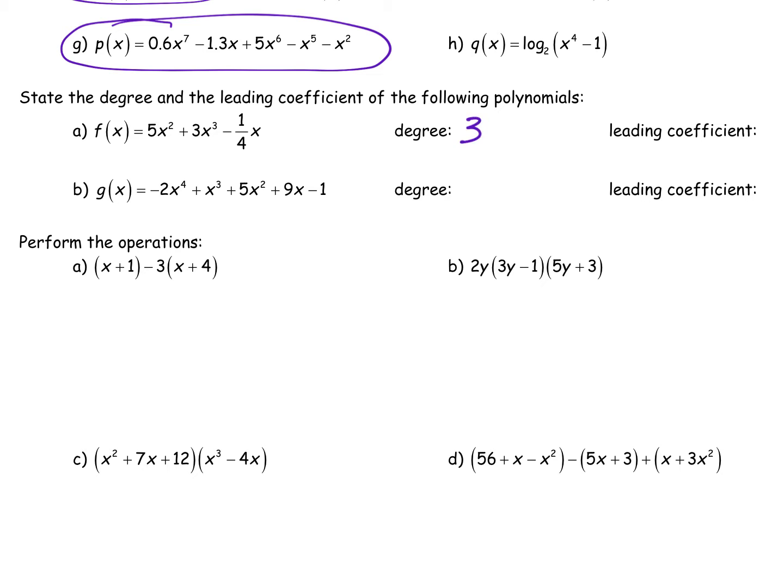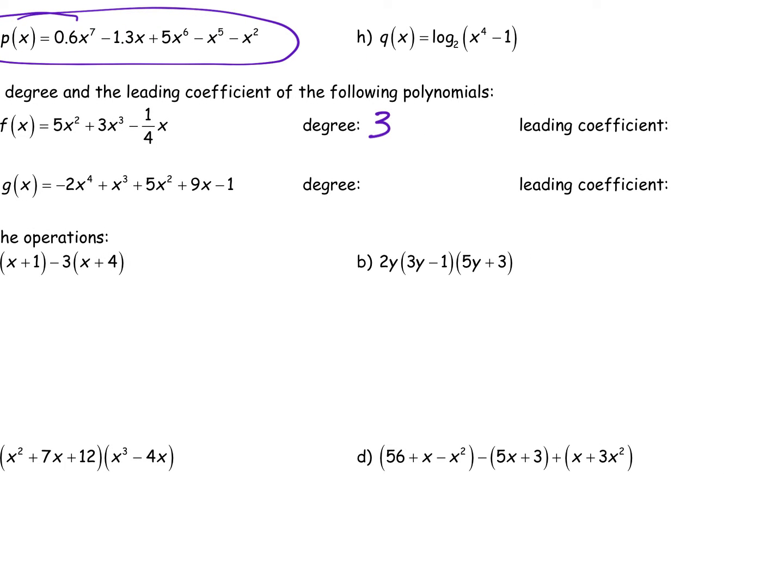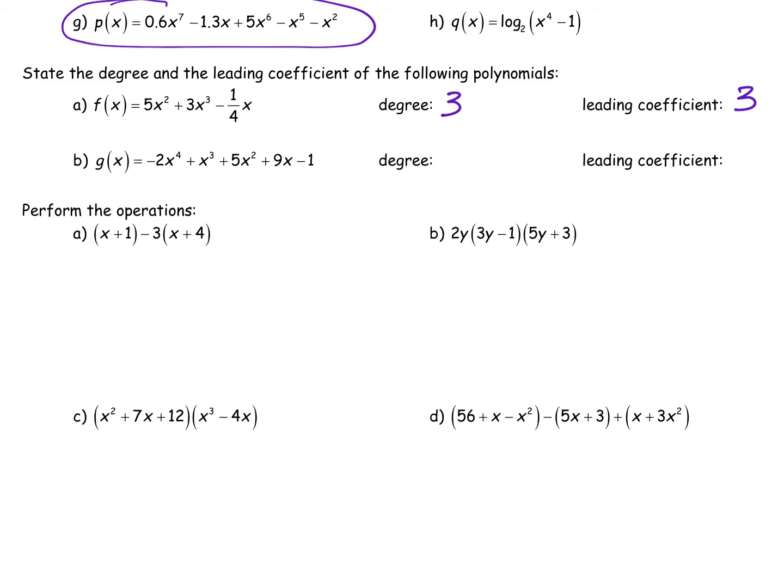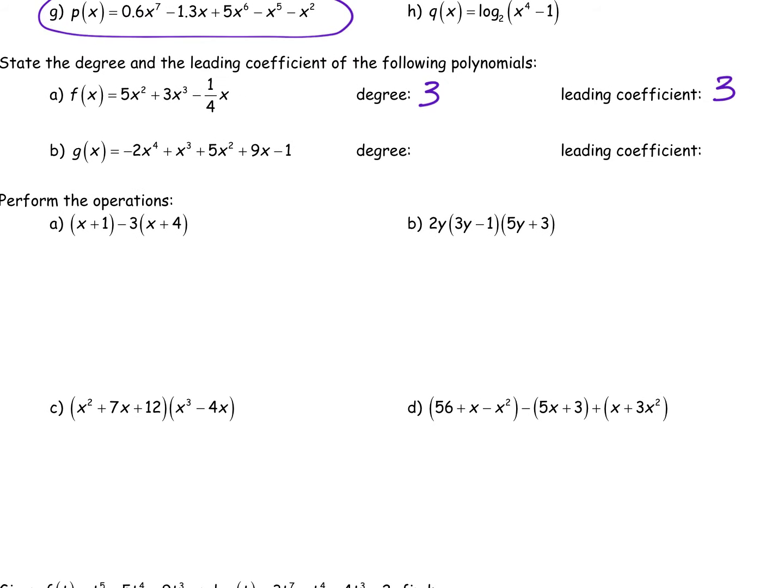And what's my leading coefficient? 3. In this case, they're both 3. And B, what's my degree? 4. Great. And the leading coefficient is? Negative 2. Very good. Questions? Are we okay with that?